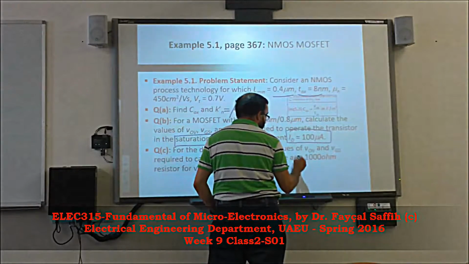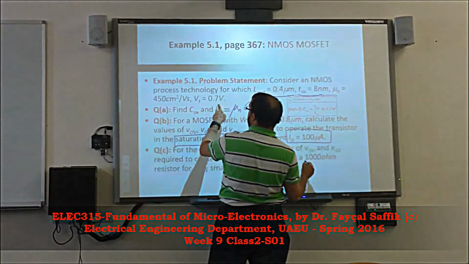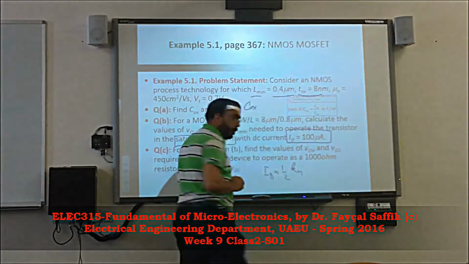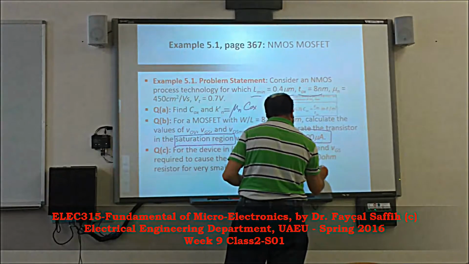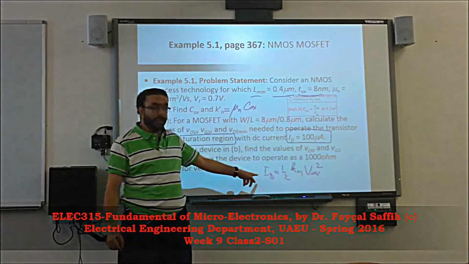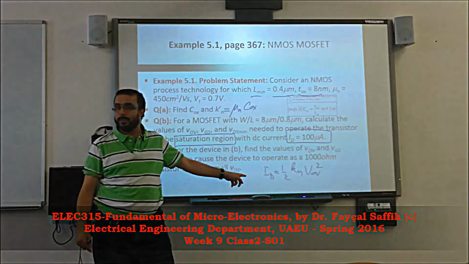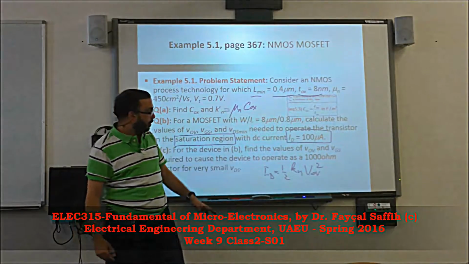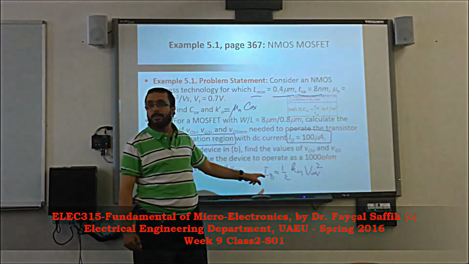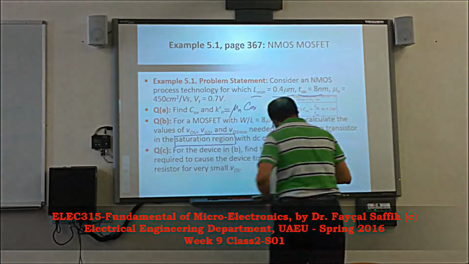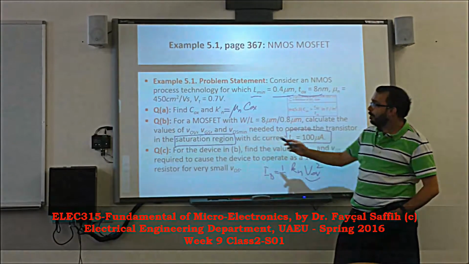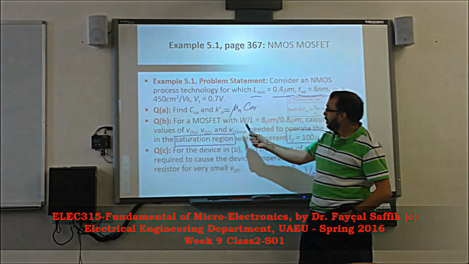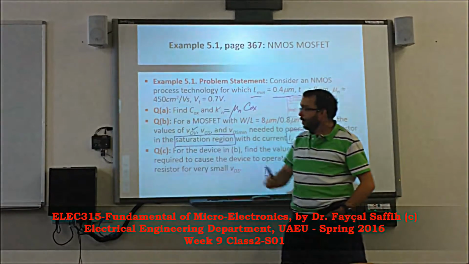So we can say it's Kn only. Okay, makes sense? Half Kn times V overdrive squared, yes or no? So this is the equation that we need to use. Okay, good. So ID is given, yes or no? Kn we just calculated. And what we need is the overdrive. That's the first thing they ask.